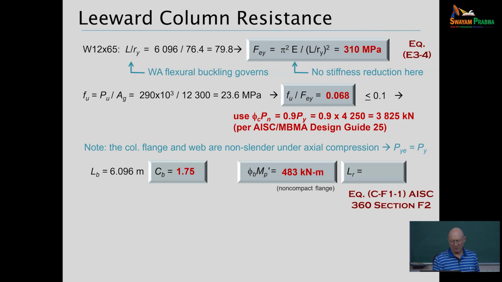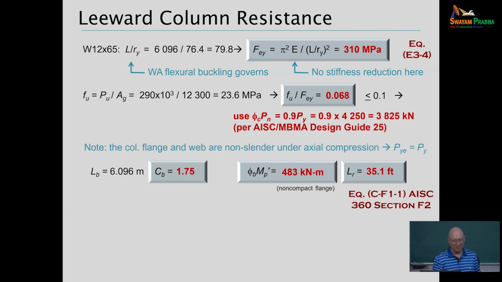Now, there's equations for the flexural resistance in the Americas that are very different than the Eurocode equations. And there's an L_r term that is basically where we start to consider, if we're less than L_r, we consider inelasticity in the flexural strength.